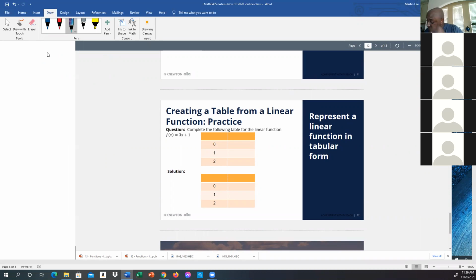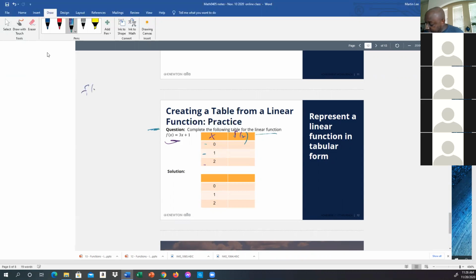Here they want us to complete the table for the following linear function. They give us all the x values, and we need to find f of x. We do that by just substituting each x value into the function f of x equals 3x plus 1.